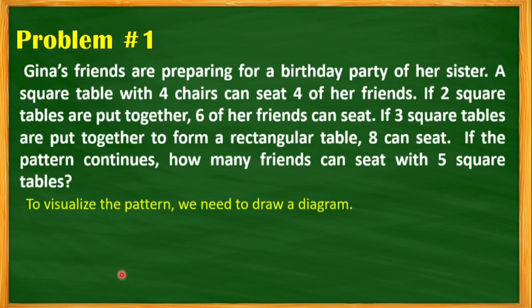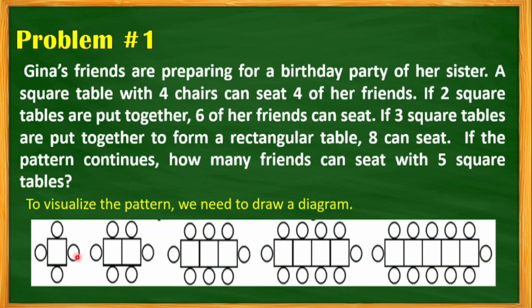So, to visualize the pattern, we need to draw the diagram. Okay, so this would be the diagram. One table has 4 chairs. So this would be a table and 4 chairs, and then 2 square tables combined together form 6 chairs.